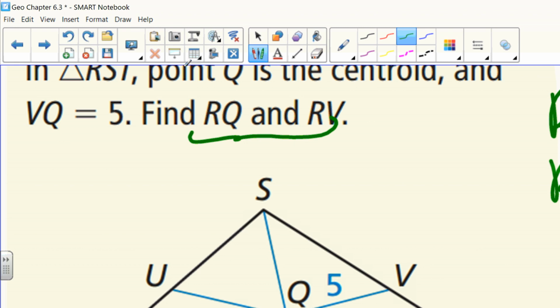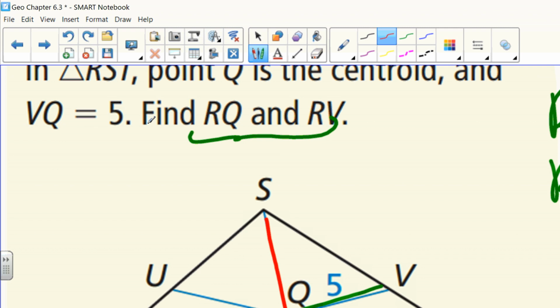So QV is 5. What would QR be? 10, because it's twice the smaller. So RQ is 10. What would RV be? We'd add the two together.